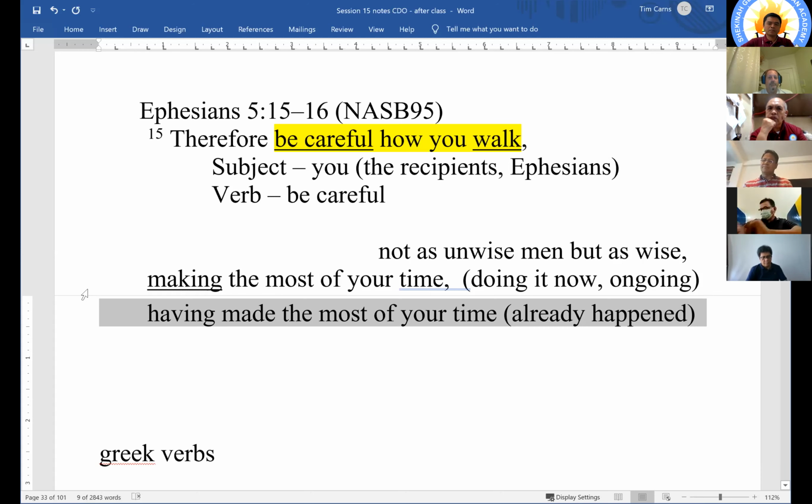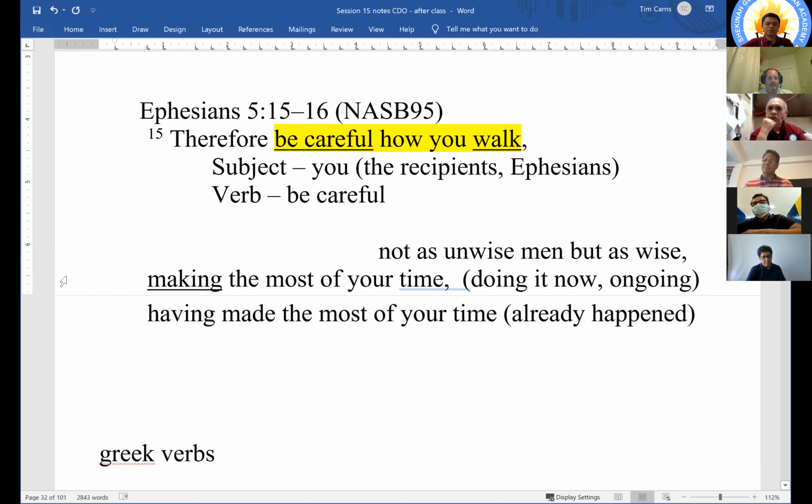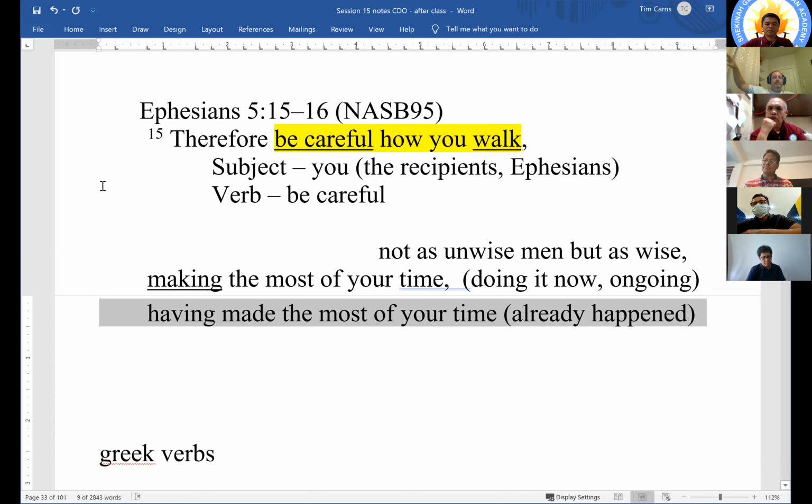It was the first one here, making the most, because he's describing how you walk. But if he was using a past participle, he would be describing some other event that now affects, it tells us why we need to be careful how we walk, because of something that happened in the past. Different interpretation, simply by the tense of the participle.